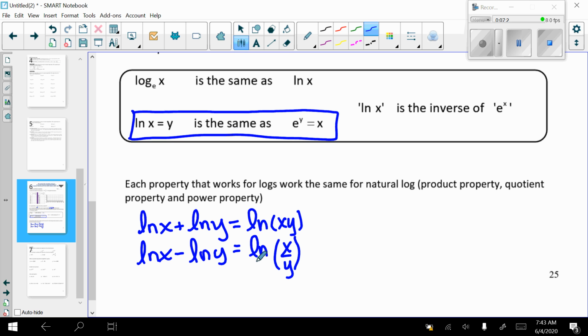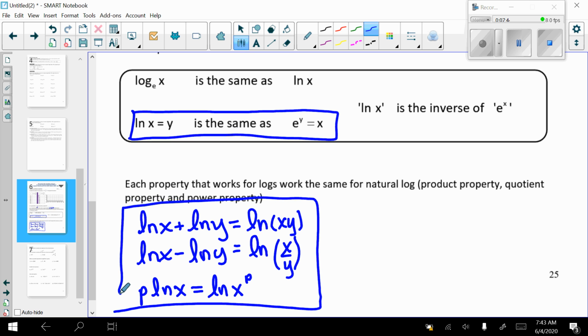It just looks different because we have that special base. So p times ln of x, remember this is where we multiplied by something, we made that ln of x to the p. If anything, these are faster to write, fewer letters. You don't have to worry about that base b because we already know what the base is. Okay, so all of these properties still work. So anything you could do before, we can solve in a very similar way. We just know that the base is e.